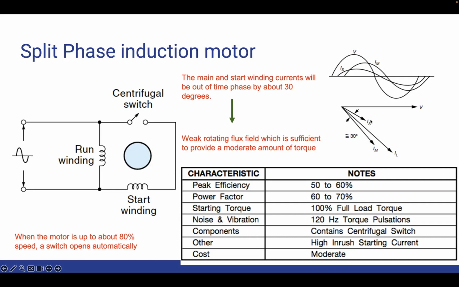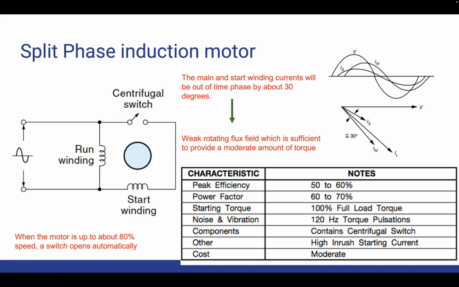The start winding is not wound identically to the main winding, but it contains few turns of much smaller diameter wire than the main winding, as I already mentioned. It also requires reducing the amount of start current which lags the voltage, and this can be seen through this phasor and waveform diagram.